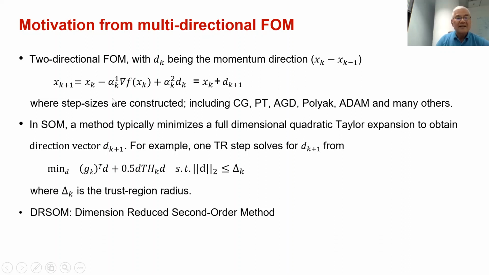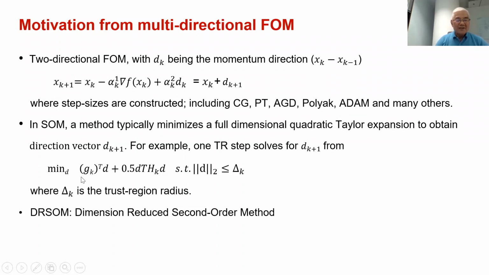They basically develop a method where x_k is updated in two directions. One is the negative gradient direction. Another is called the momentum direction. What is the momentum direction? It's the direction from the current iterate minus the previous iterate. It's a very popular method.